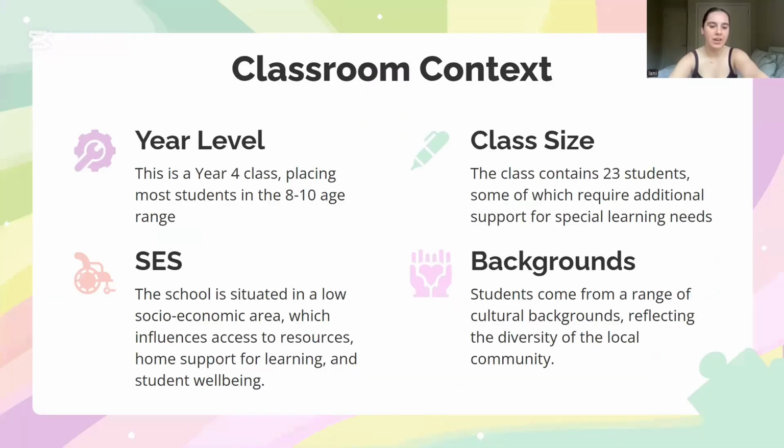Wonderful. Thanks, Josh. So we've created an imaginary Year 4 classroom to offer context, but the students within it are based on our real experiences working in schools. The class we're going to be using as an example today has 23 learners, who are all bringing different strengths, interests, and challenges. It's a culturally diverse group from a low socioeconomic community.